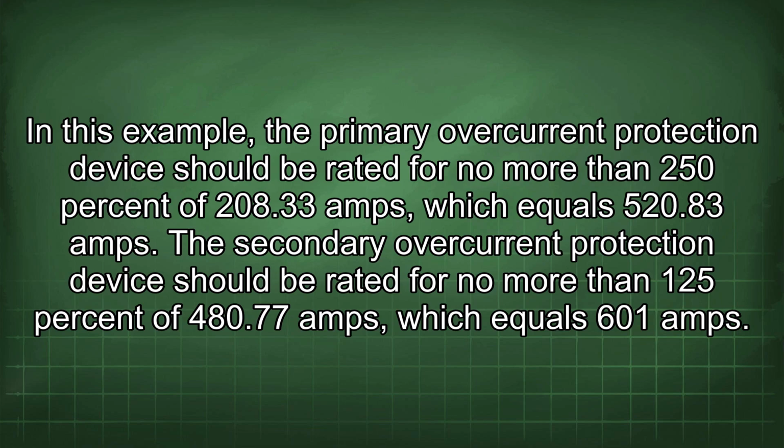In this example, the primary overcurrent protection device should be rated for no more than 250% of 208.33 amps, which equals 520.83 amps. The secondary overcurrent protection device should be rated for no more than 125% of 480.77 amps, which equals 601 amps.